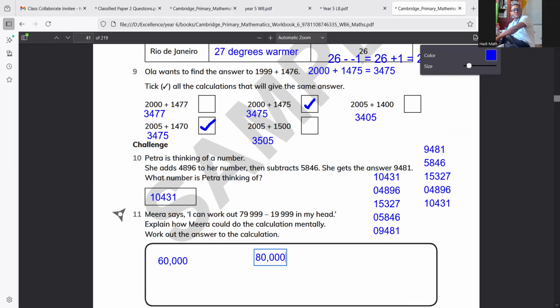Round it to 80,000. And then round this one to 20,000. And then the answer will be what? 60,000.